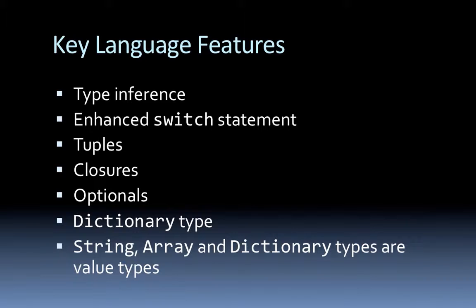Now, that may sound like a tremendous amount of overhead, especially if you're dealing with very large data structures. However, Swift has built-in optimizations such that those copy operations are performed only if necessary. A capability built in called copy on write helps with that.